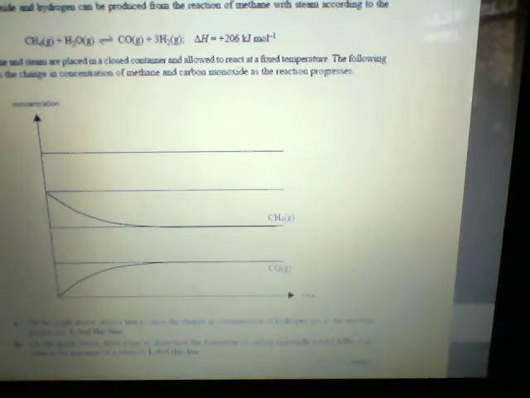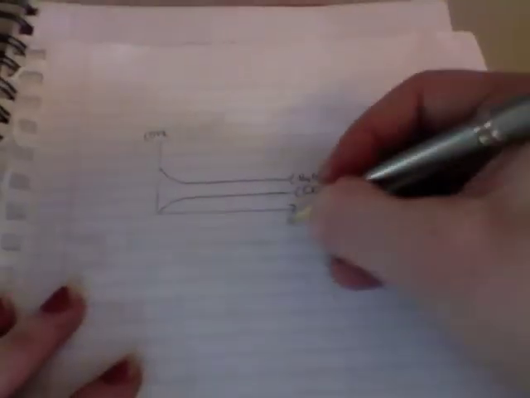They want you to write on the graph the changing concentration of hydrogen gas as the reaction progresses. So I've drawn that out here, the exact same thing. It's good if you have the question. Here we have the reaction, we have concentration, and then we have time.